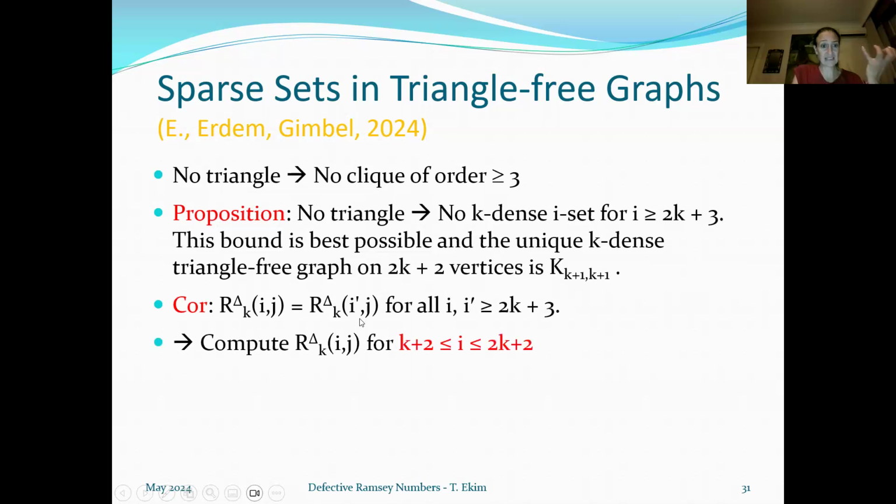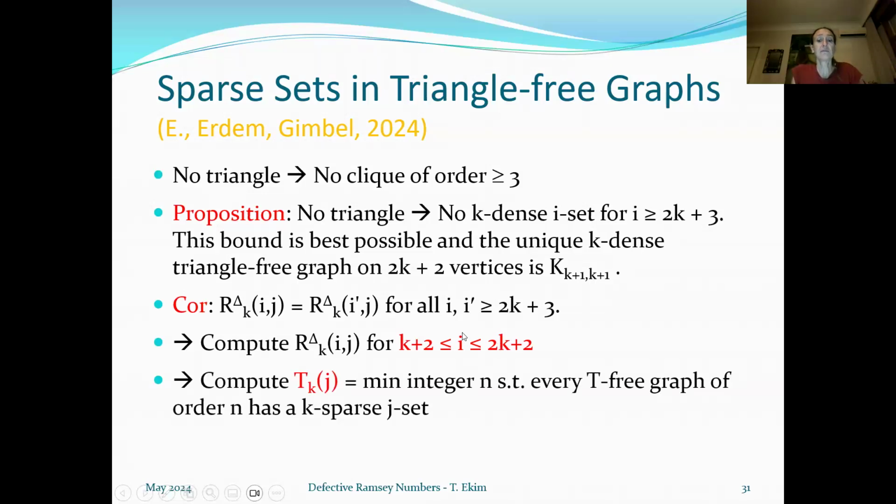So that means that we mainly focus on defective Ramsey numbers where I is between k plus 2, because if smaller, it's trivial, and at most 2k plus 2. And most importantly, we should focus on sparse sets. Like there's no clique or no dense sets in triangle-free graphs.